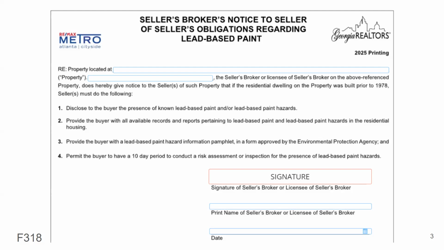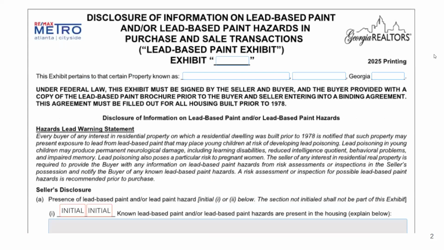Greg, can you show the lead paint exhibit again? I only have the first portion of it. But does it cover those 3 or 4 bullet points from the other form?